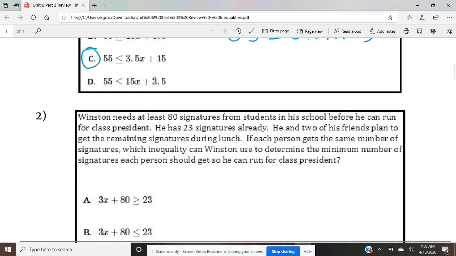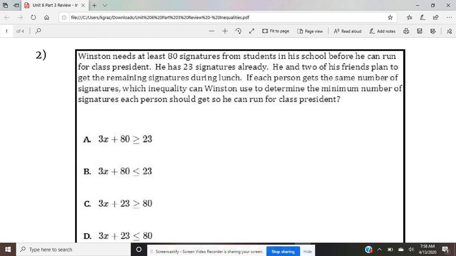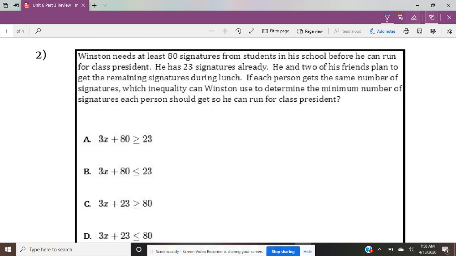Okay, so let's try another one. Again, we're not going to do a bunch of these today. I'm trying to give you a nice, easy Monday or Tuesday if you're watching this on Tuesday. Okay, so Winston needs at least 80 signatures from students in his school before he can run for class president.